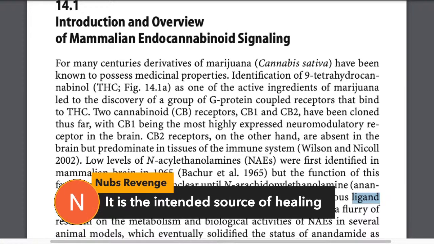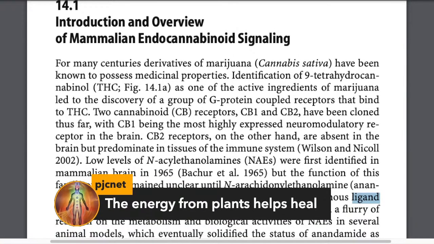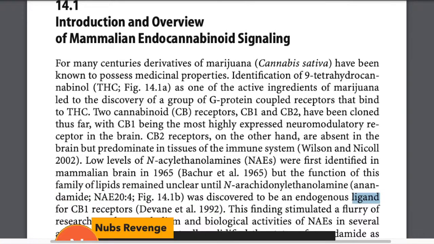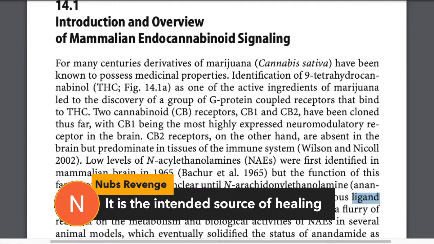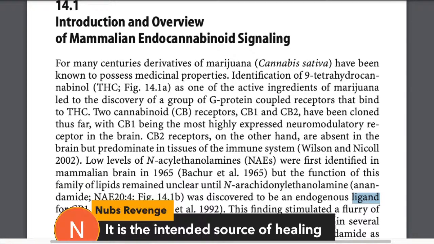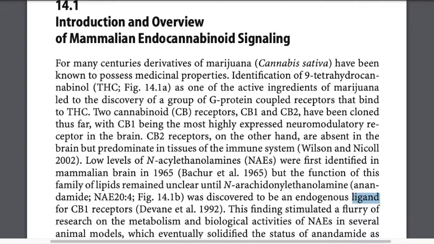Yeah, intended source of healing. Yes, indeed, that's what I guess we're learning here. It is the intended source of healing, and it seems to mirror our own sources of healing, and that's what I'm starting to realize here. So, ligand for CB1 receptors, so these are the ones in the brain.